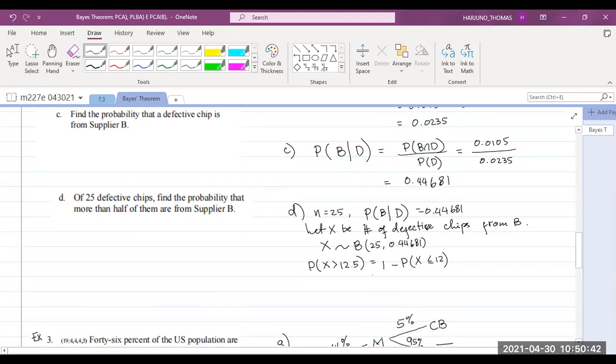So this is 1 minus binom CDF of 25, 0.44681, up to 12.